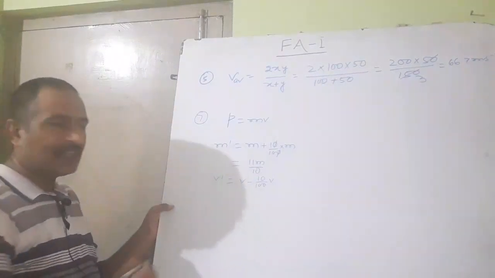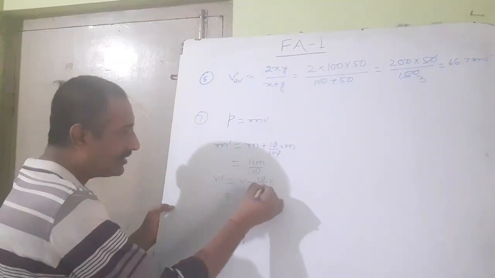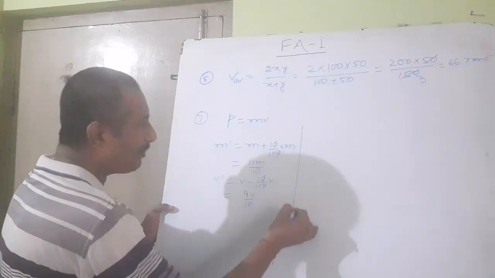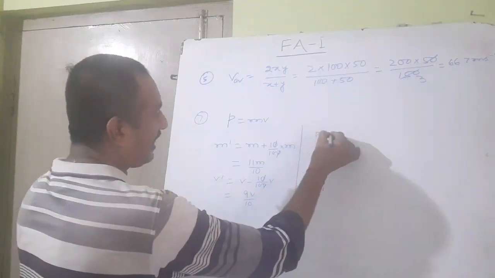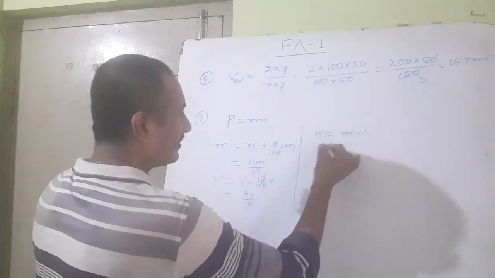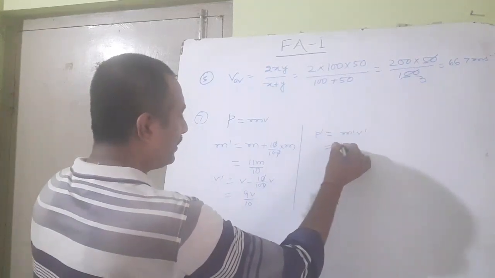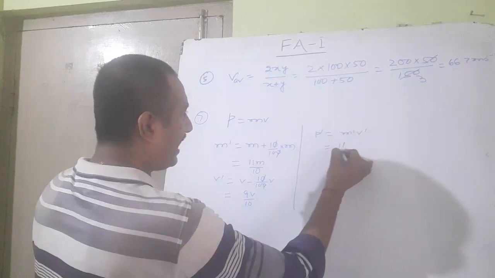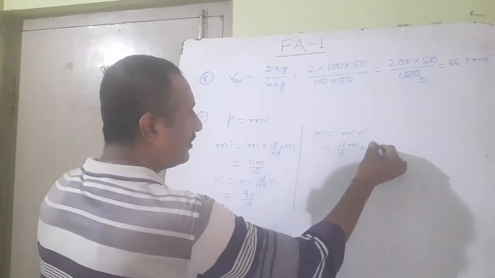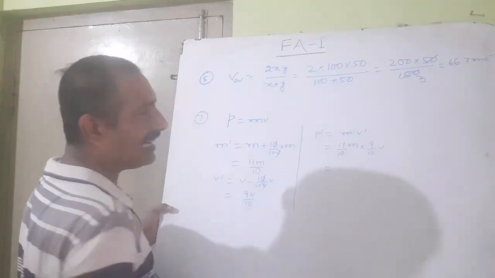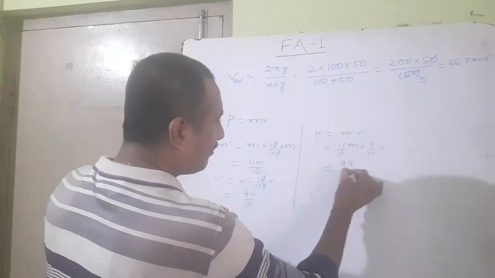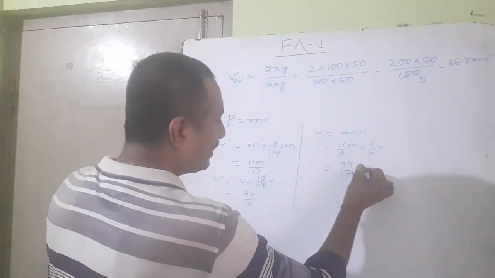So it will be 9v by 10. What will be the new momentum? New momentum P dash will be m dash v dash, equal to 11 by 10 m into 9 by 10 v. How much will you get? 11 into 9, 99 by 100 mv.